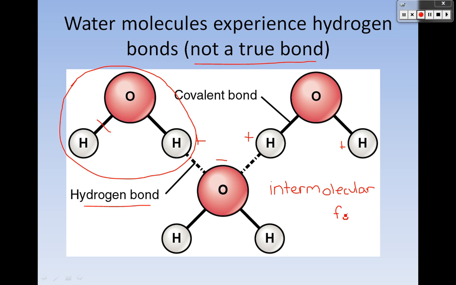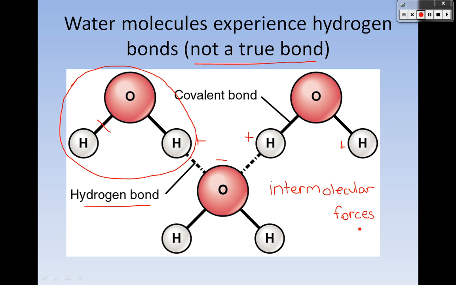And there are many different intermolecular forces. You'll learn about 3 or 4 of them in general chem. And of all the intermolecular forces, hydrogen bonds are one of the strongest. So even though it's not even remotely as strong as a bond, if you compare it to other intermolecular forces, it's one of the stronger ones.